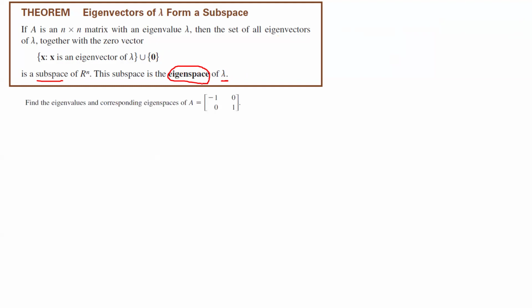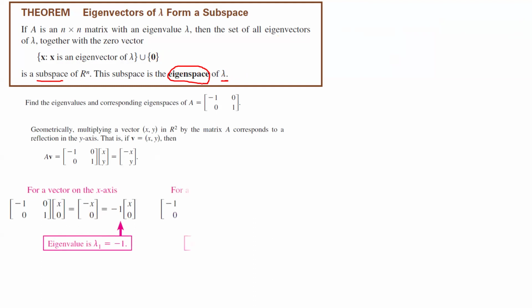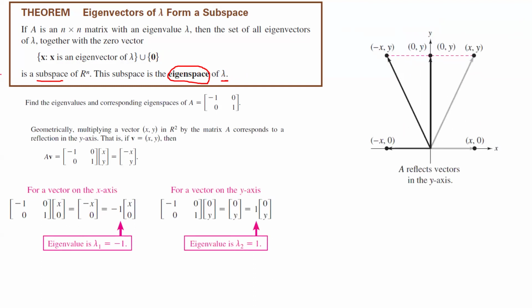Suppose we try to find the eigenvalues and corresponding eigenspace of this matrix. You have a 2 by 2 matrix. Let us begin. Geometrically speaking, multiplying a vector like x and y in the plane by matrix A corresponds to a reflection in the y-axis. So if you take a vector x and y and multiply it by this matrix, you get the second vector negative x and y.